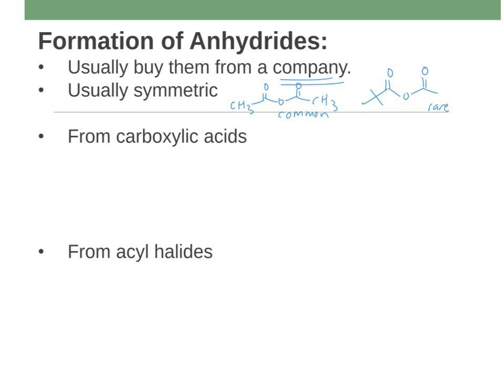If you did want to make your own, though, you've got two methods here. We can make them from the carboxylic acids themselves. So if I did want to make something like benzoic anhydride, I could take two equivalents of benzoic acid, and you can just heat it strongly, and that will drive off water.